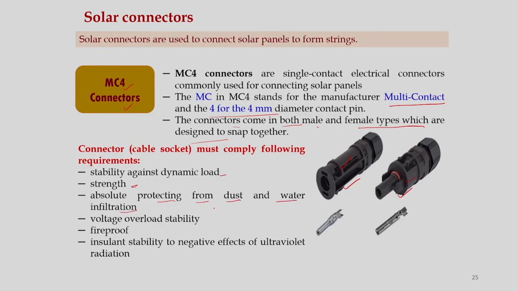Water and dust should not enter the connector. Voltage overload stability is also an important factor. Then fireproof, it should not catch fire immediately. And insulation stability against the negative effects of ultraviolet radiation. So, these are the requirements of a connector, and these requirements should be fulfilled.